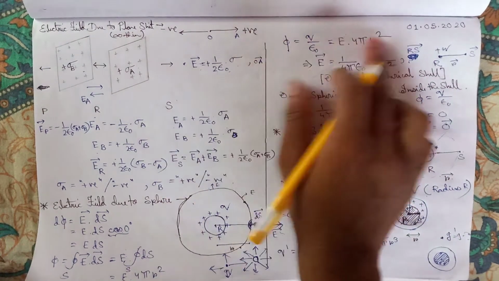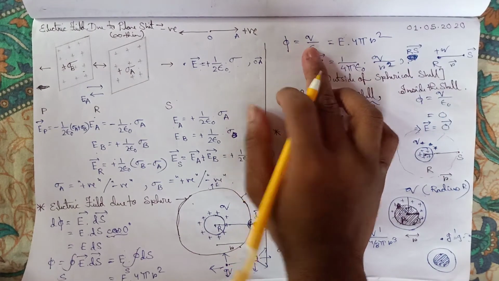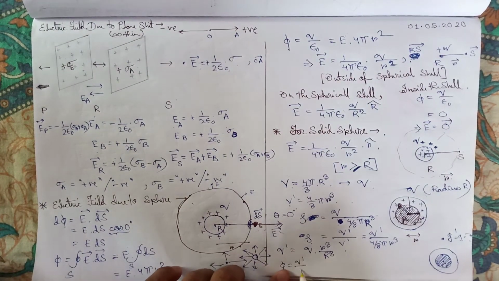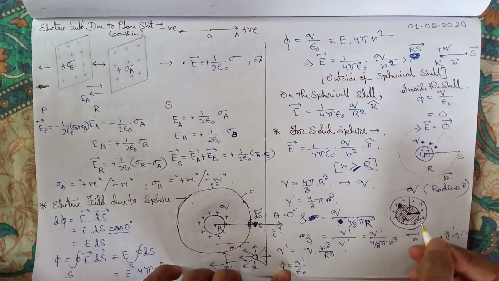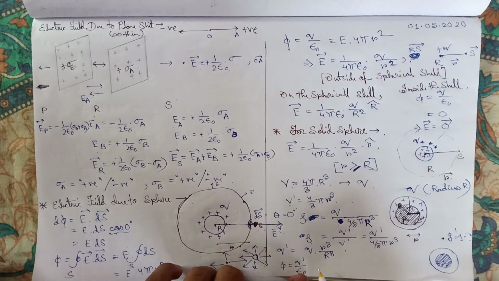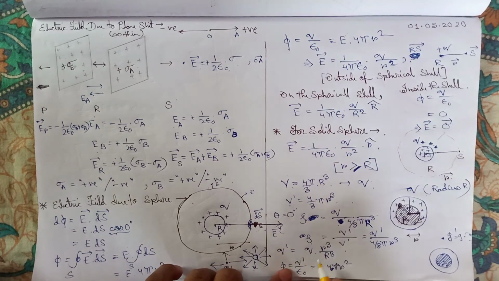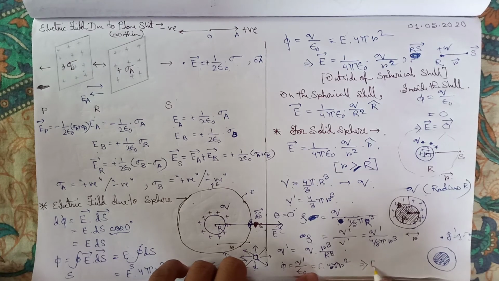Or you can approach it like that: phi equal to Q by epsilon naught, where phi equal to Q dash by epsilon naught, because for this effective sphere it equals E into 4 pi r square, sorry, area 4 pi r square.